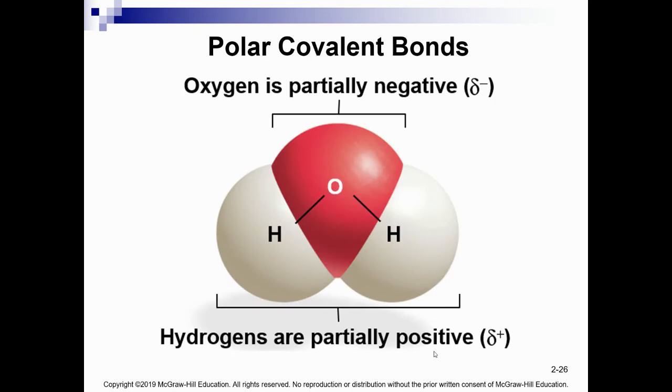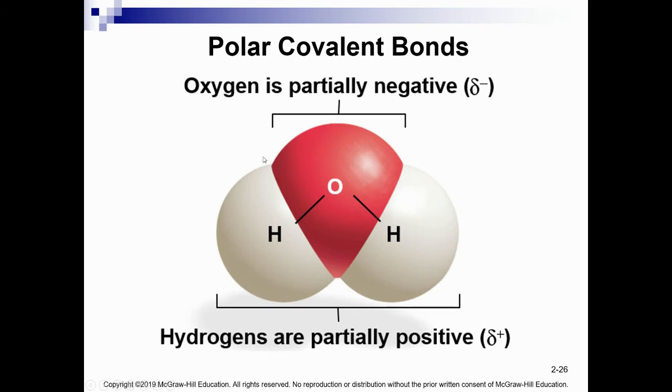And what that results in, we call a polar covalent bond, because here's my oxygen. My hydrogens aren't distributed evenly. They're kind of tucked into one side. And those electrons spend more of their time around the oxygen. And because they spend more of their time here on the oxygen part of my molecule, this is a little bit negatively charged, just a little.